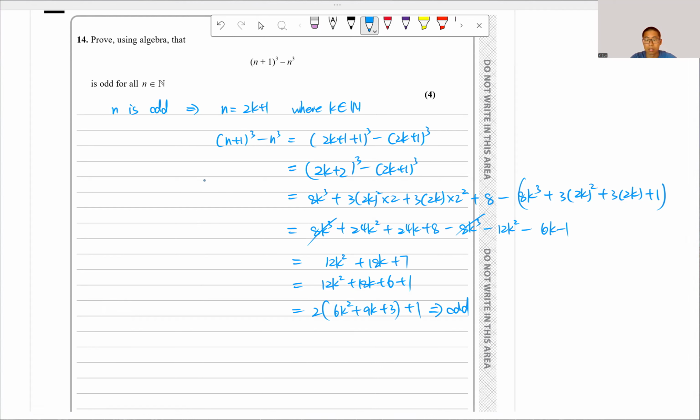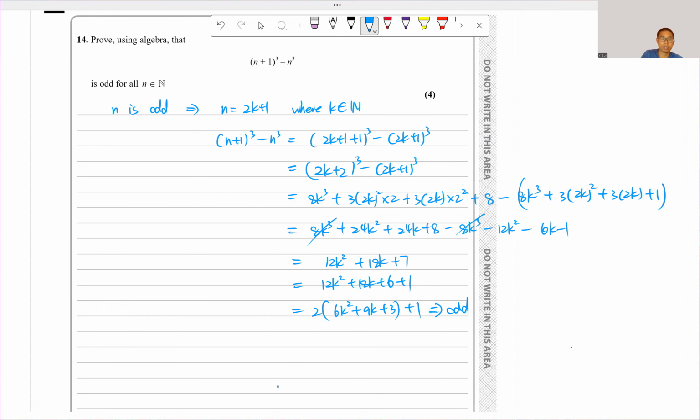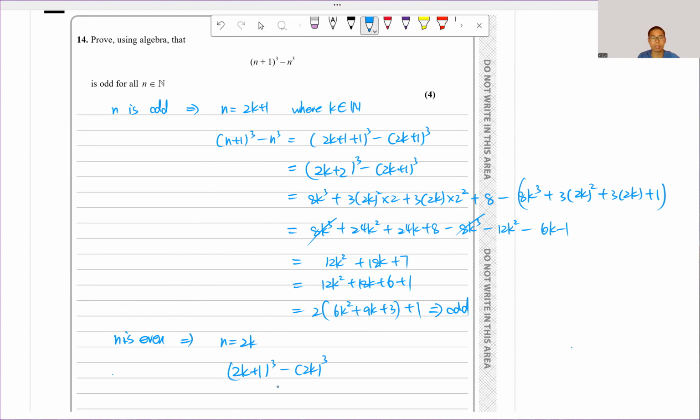Okay, and then let's have a look at when n is even. Well, n is even, then n is equal to 2k. So (2k+1)^3 minus (2k)^3.